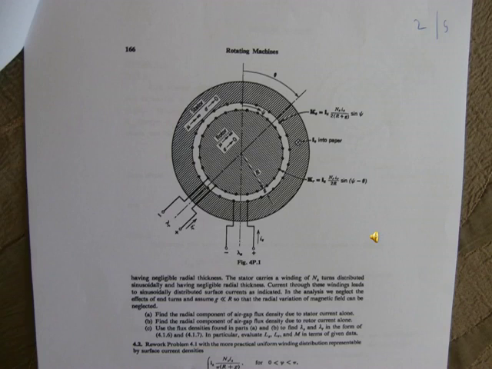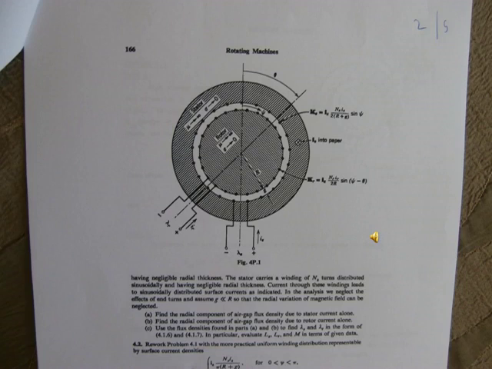And for part C, we have to use the flux density found in parts A and B and find lambda S and lambda R. The flux density varies around the periphery and the windings are distributed, so integration is required to find the inductance, whether found from the stored energy or from the flux linkage.